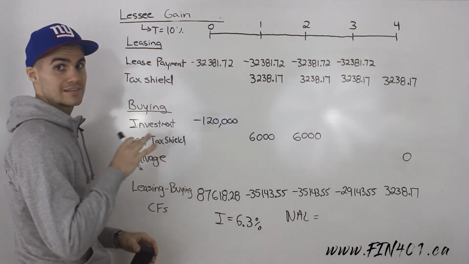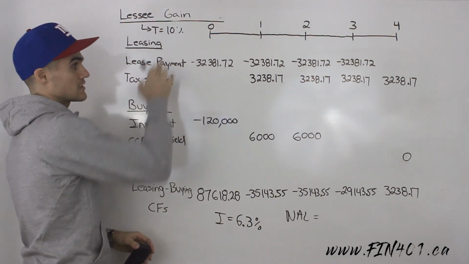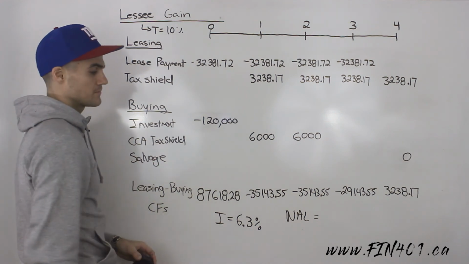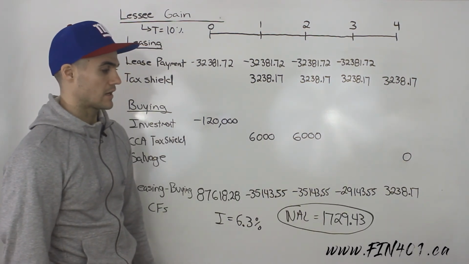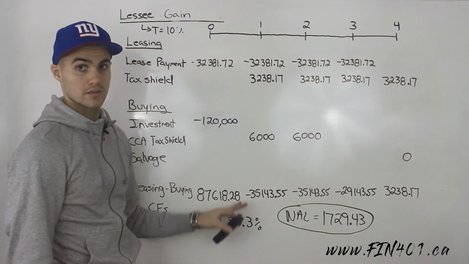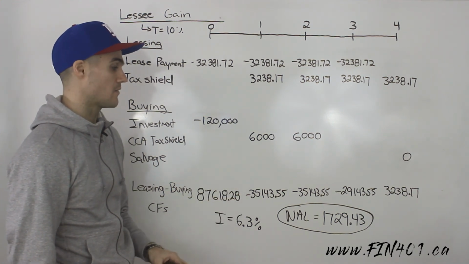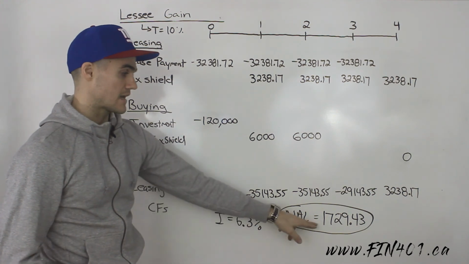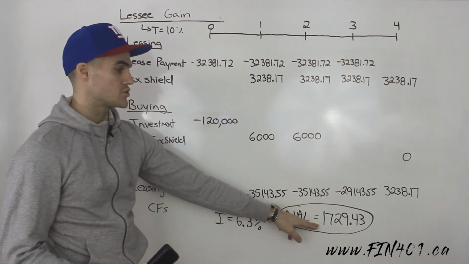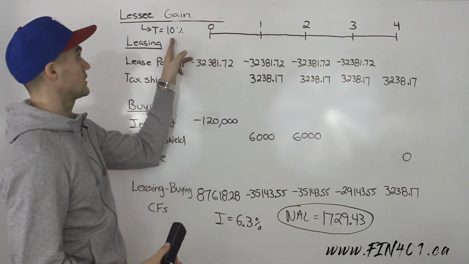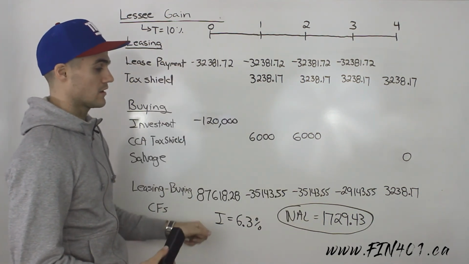And that's from the lessee's point of view, because now we're using a tax rate of 10%. And when you do that calculation, you end up getting $1,729.43. Same thing that you should see in the Excel file. And because that is positive, then we should be leasing the machine. And that makes sense because we're looking at this from the lessee's point of view.